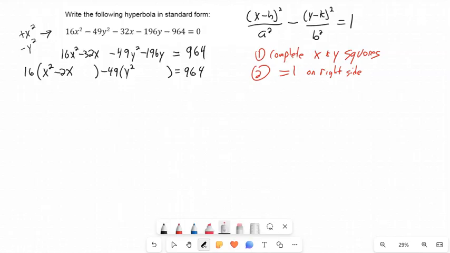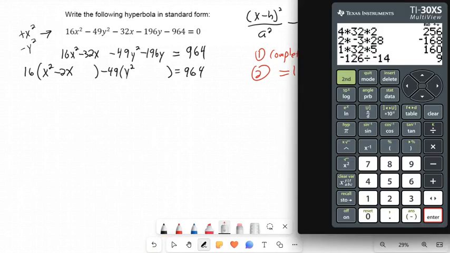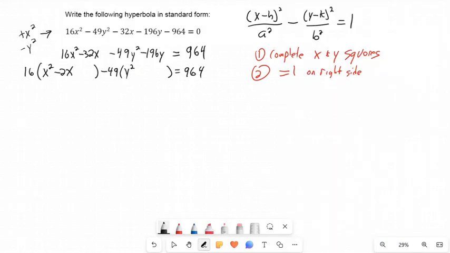And if I divide by negative 49 there, and we can check this, negative 196 divided by negative 49, positive 4y. Doesn't look like a 4. Let's try that again.